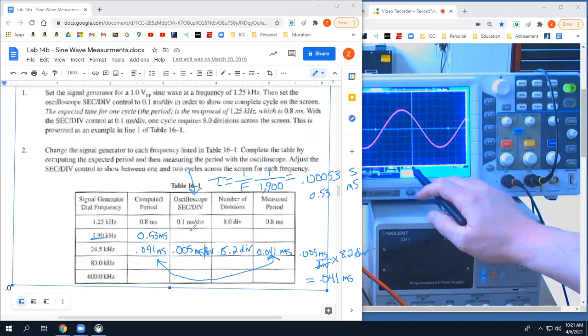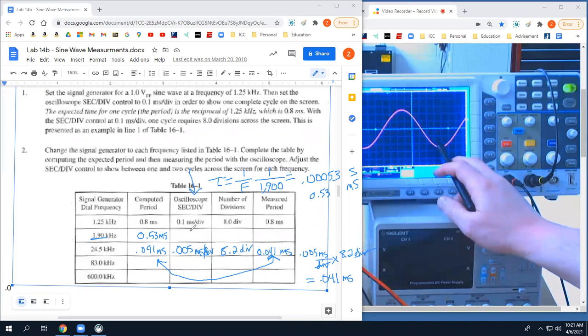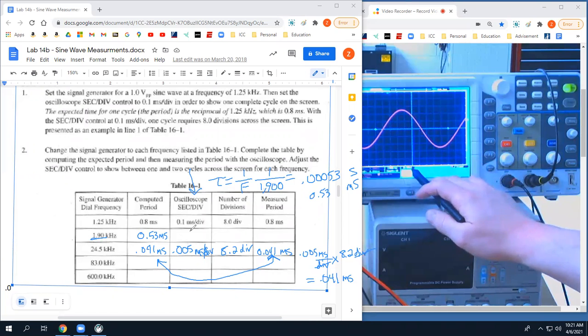Do you? Does your sine wave look like this? And right here it says 50 microseconds, 50 US. What does it say right here? Does it say 50 US?